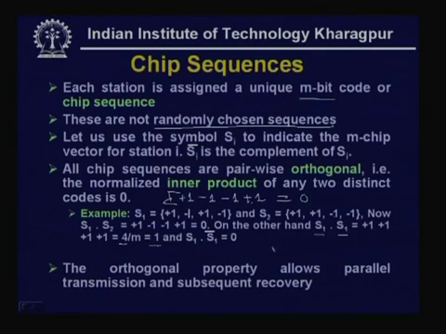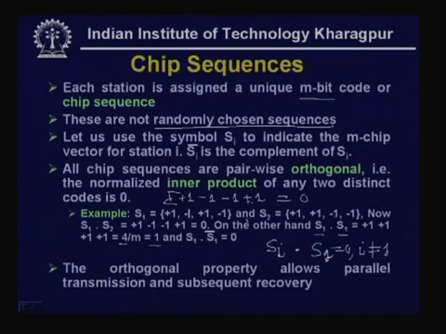That means if a code Si is multiplied with Sj, where i is not equal to j, then it is 0. And also whenever it is multiplied with its complement, it is also 0. So this is the orthogonality property to be satisfied by the chip sequences.